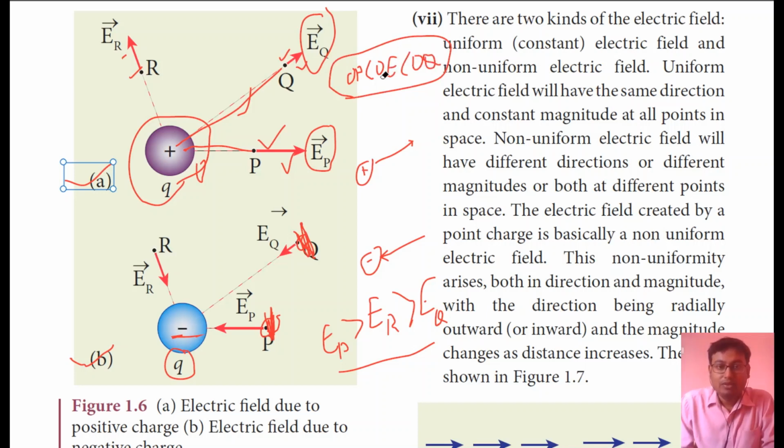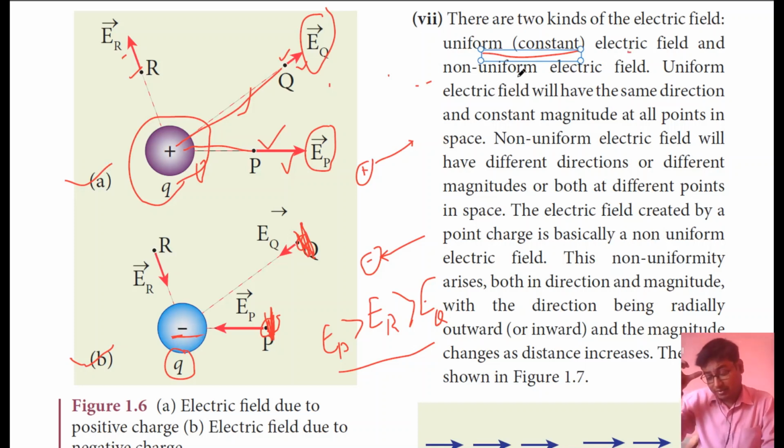Now coming to our next point, number 7. What does it say? There are two kinds of electric field: uniform or constant, and non-uniform or varying.